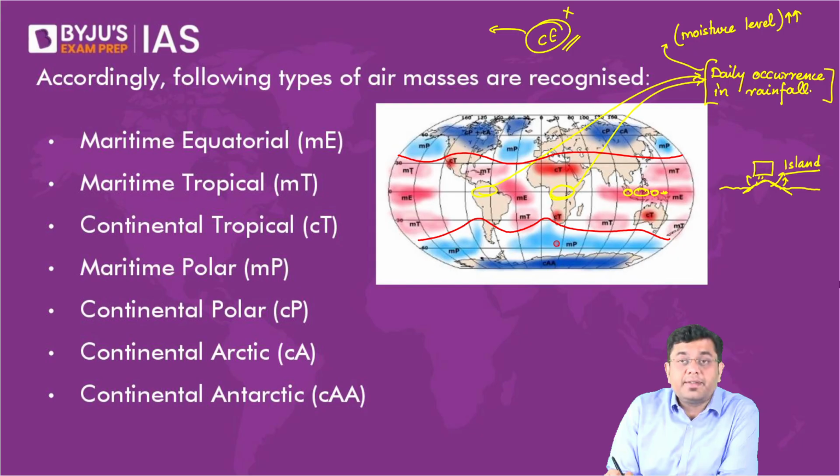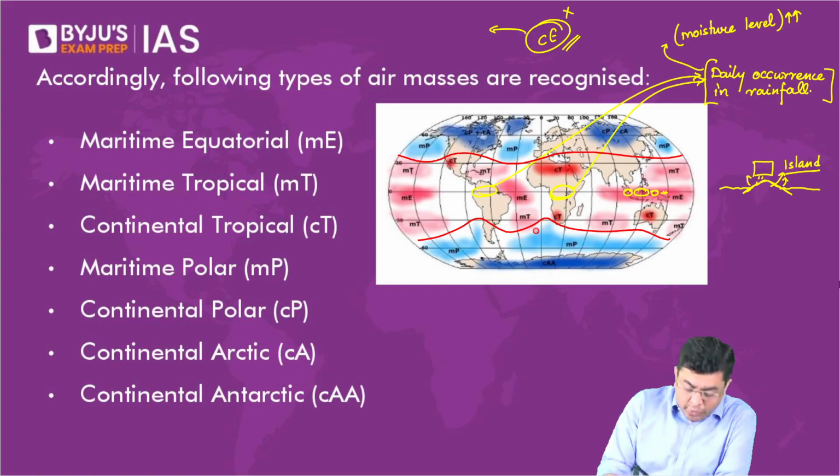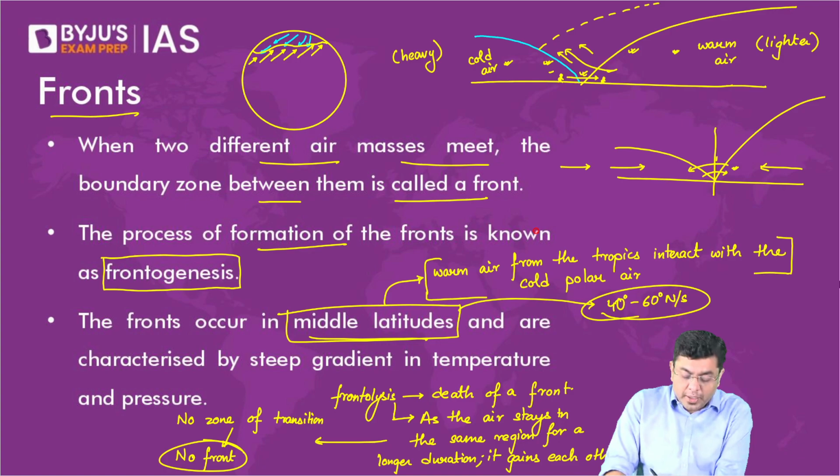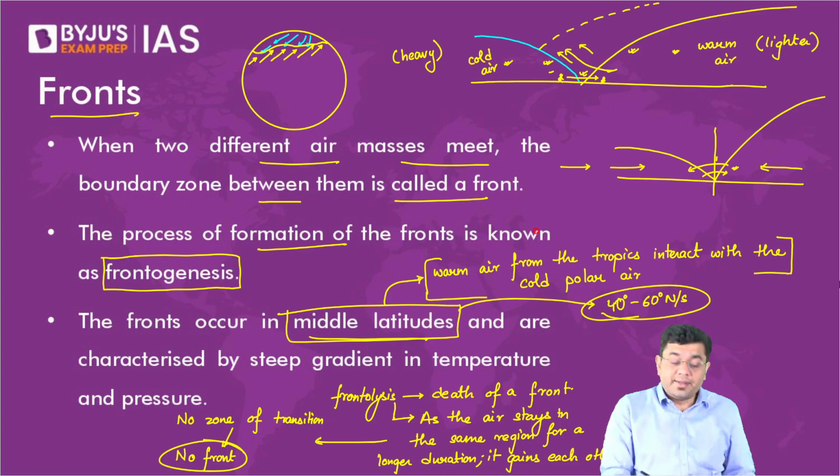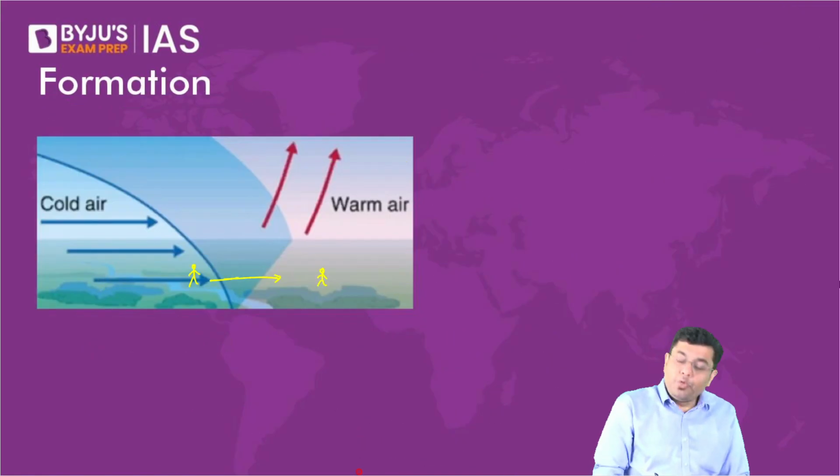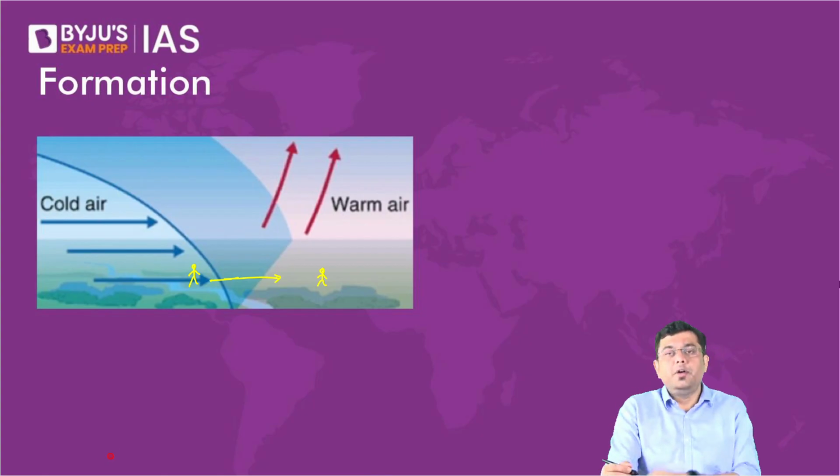In certain areas, the cold air goes further northwards in the southern hemisphere, and vice versa in the northern hemisphere. So these are your zones of transition. When two distinct air masses meet, there is a boundary zone differentiating those air masses. And that is what is regarded as front formation.